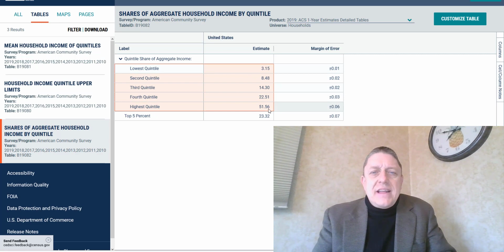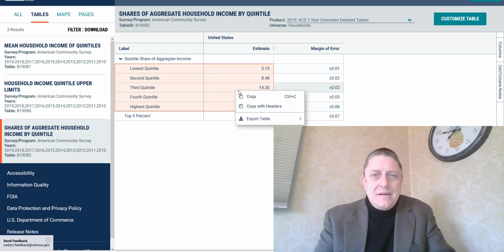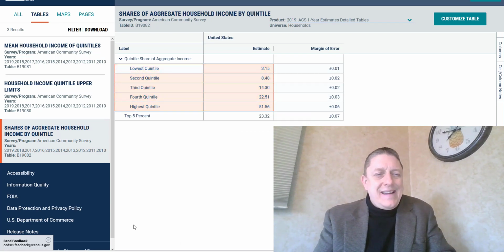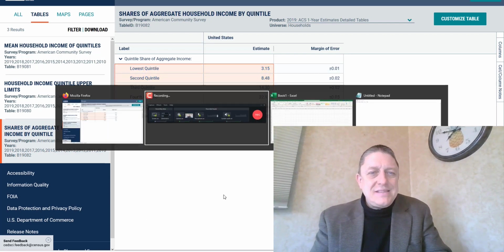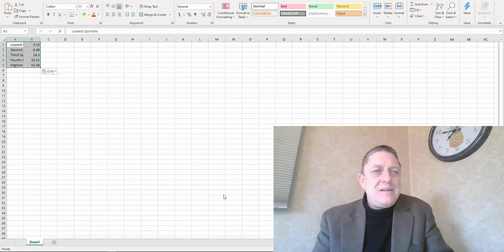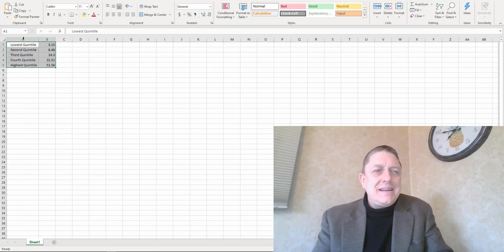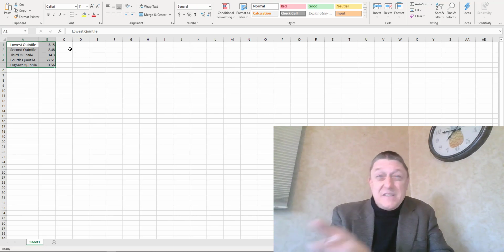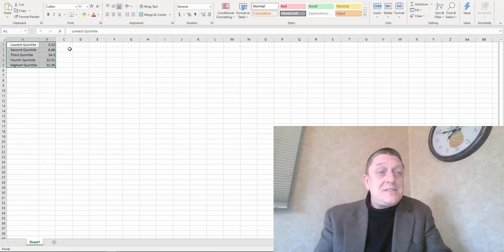We can figure that out by selecting these cells, copying them, and then pasting them into a handy-dandy spreadsheet program like Microsoft Excel. You could also do it in Google Sheets or another program.